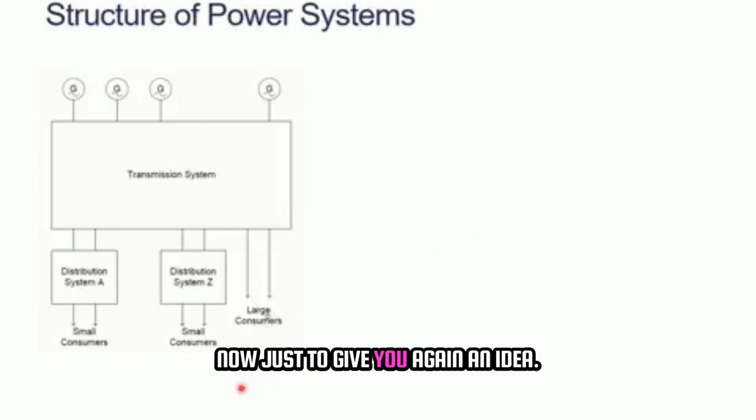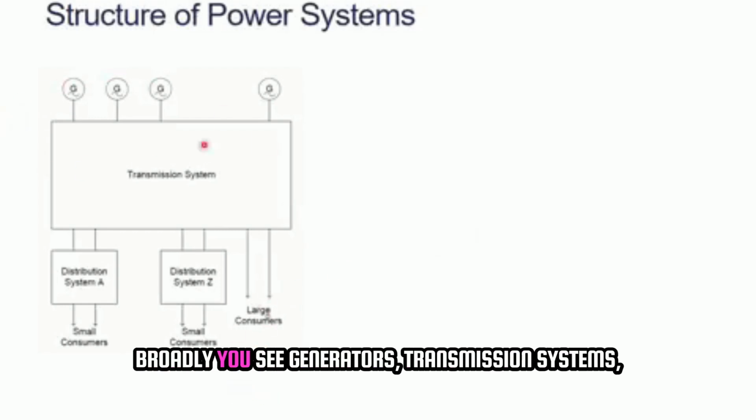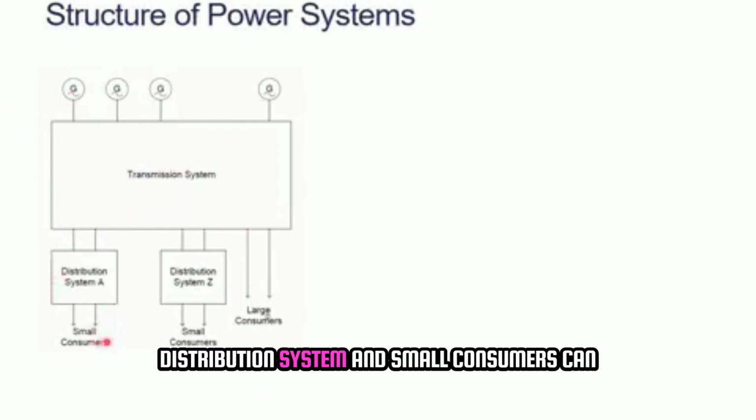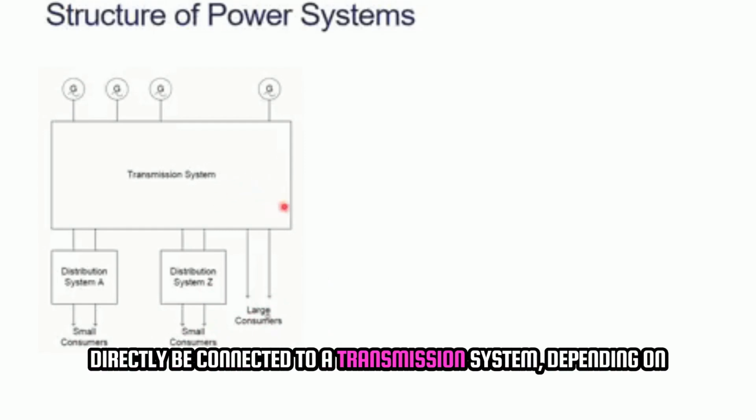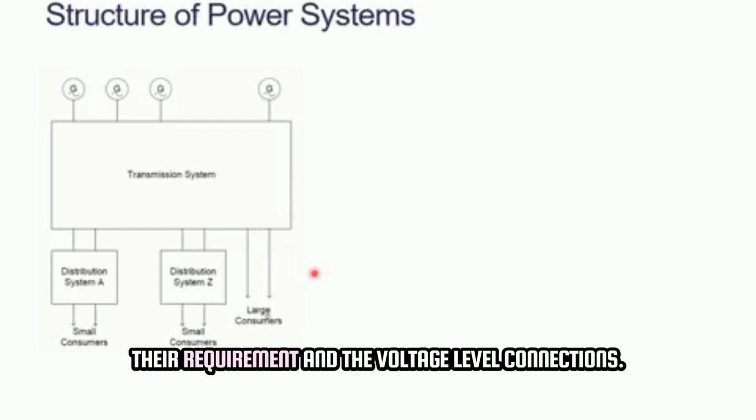Now, just to give you an idea, broadly you see generators, transmission systems, and distribution systems. Small consumers can be connected to a distribution system, or as I said, large consumers can be directly connected to a transmission system depending on their requirement and the voltage level of connections.